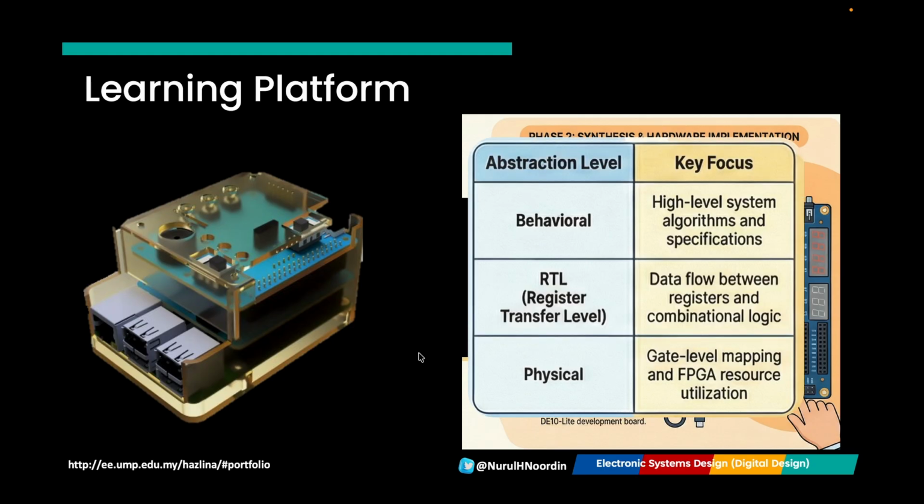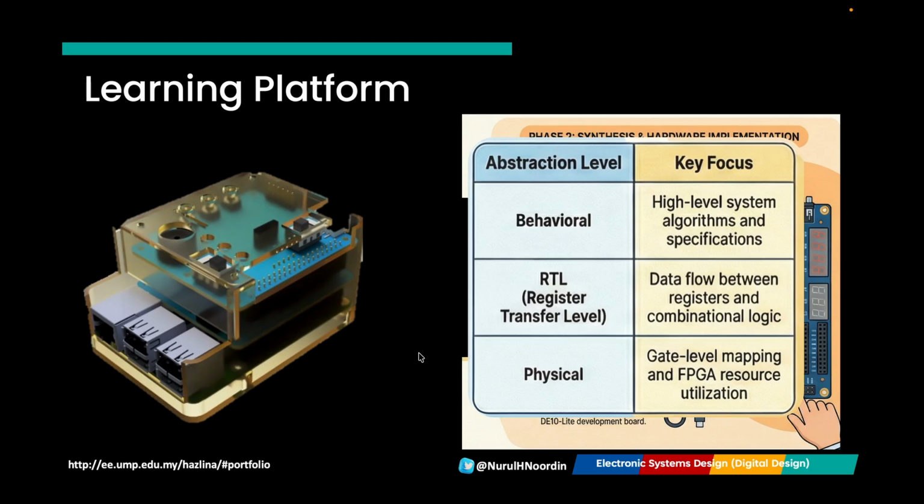As you navigate these tools, you will learn to operate across the 3 critical levels of design abstraction. Behavioral level, where we define what the system does using high-level algorithmic description. RTL, register transfer level, the sweet spot of digital design, where we define how data flows between registers and the combinatorial logic that transforms it.